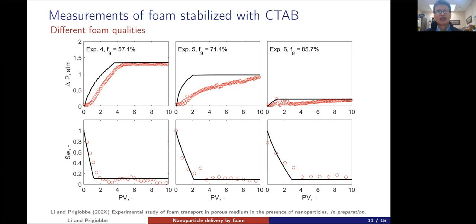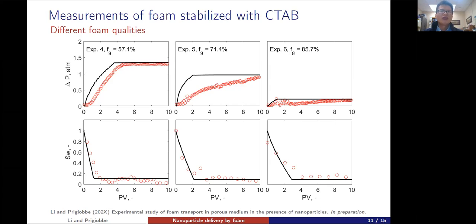As shown in this figure, for lower foam quality, the surfactant stabilized foam reaches equilibrium in around 4 PV, corresponding to 80 minutes. It stabilizes around 0.14 megapascal, which corresponds to 2 atmospheric pressure.